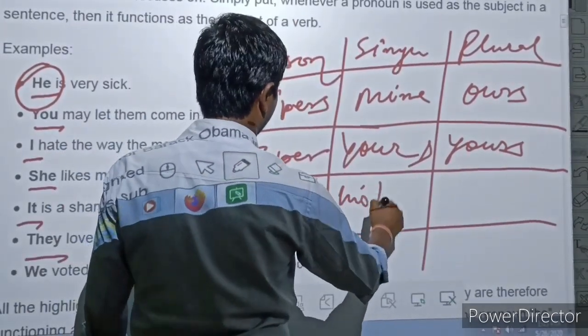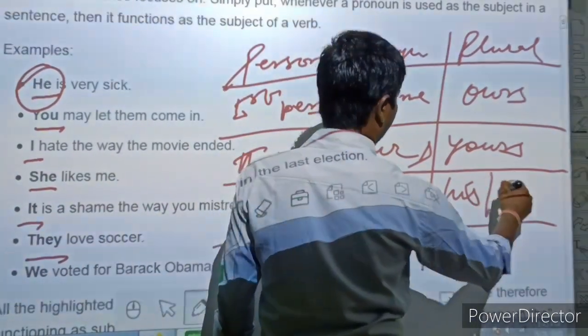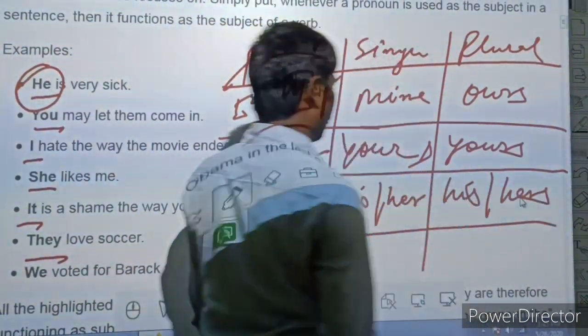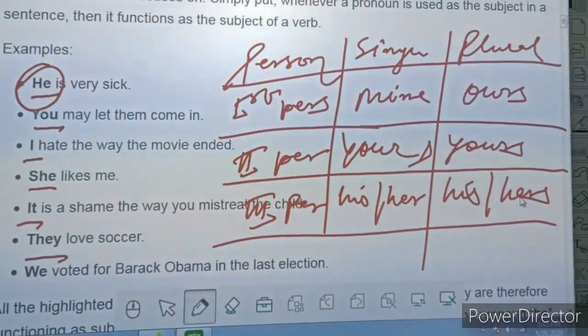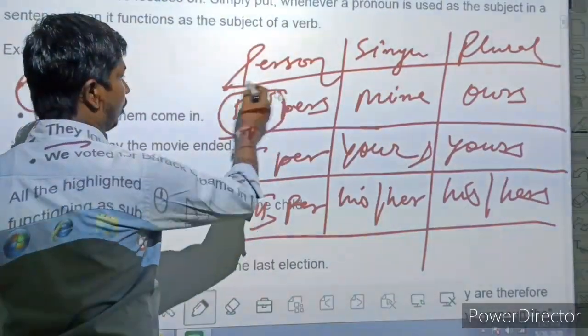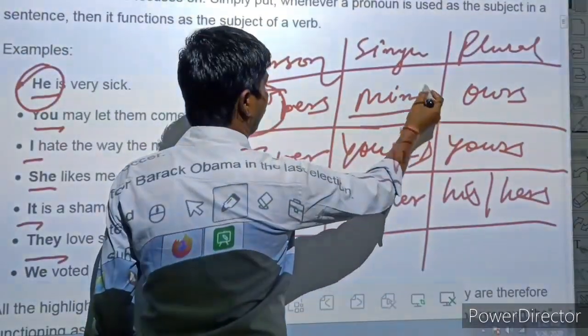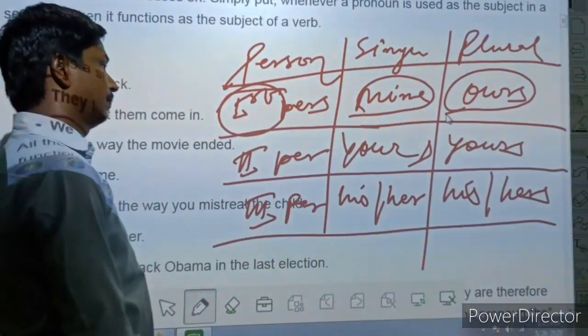His, her, his or hers. You can see and observe the pattern of the pronoun that can be used as a possessive pronoun in a particular sentence. When the person is first, we can use mine in singular number and ours in plural number.